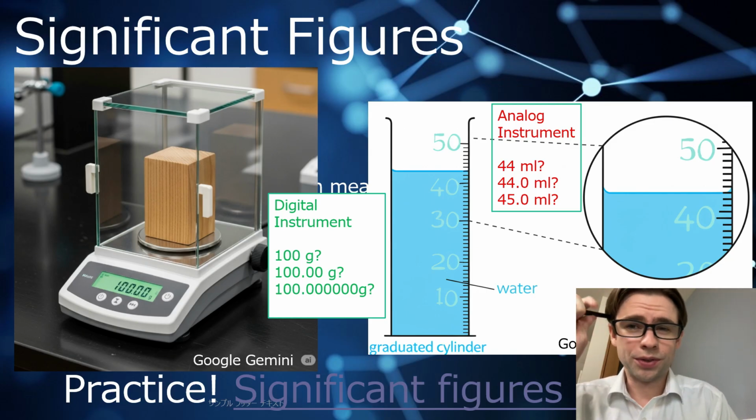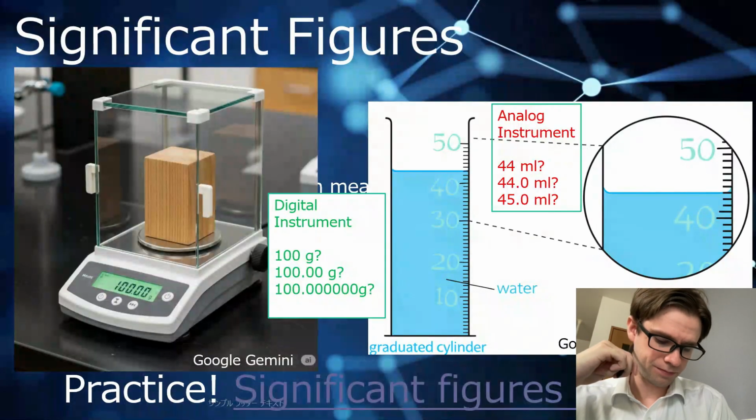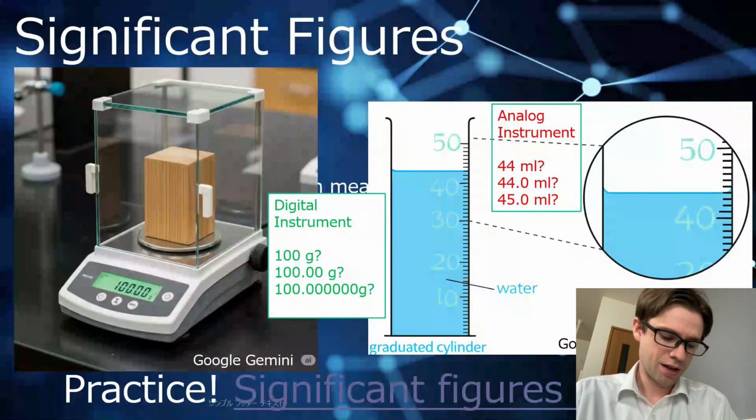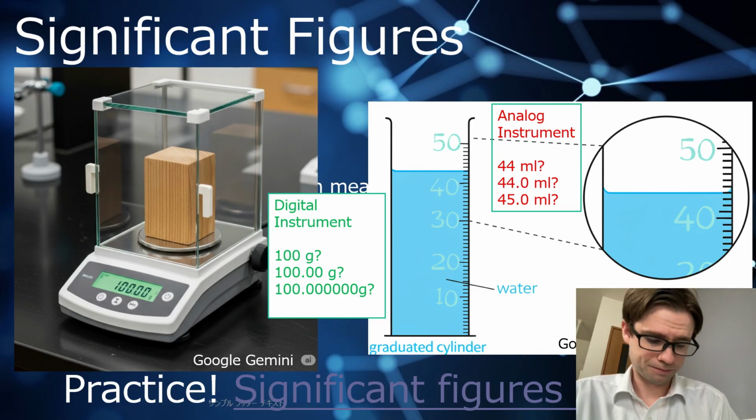And if we follow the rules of significant figures that I had on the previous slide, there's no explicit leading zeros here, so we don't consider anything before the 1. There is a decimal point though, so any zeros in this number are significant. And that leaves us with 5 significant figures, 2 decimal places after the decimal. But the 1 and all 4 of those zeros are significant because we have that decimal place.